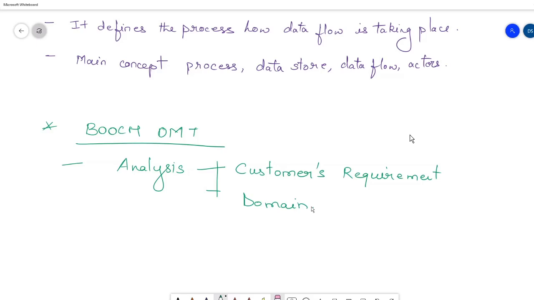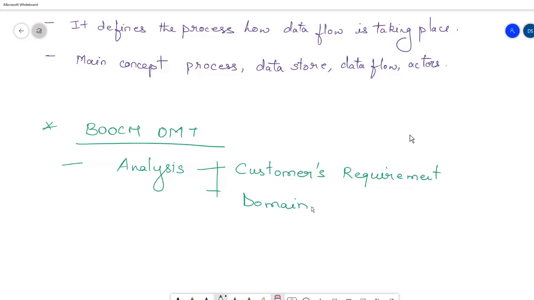Okay, now what is domain analysis? Now in this we try to define the objects, classes, their attributes, inheritance and the methods, and how the state transition would take place, how the state diagram for the objects can be established.